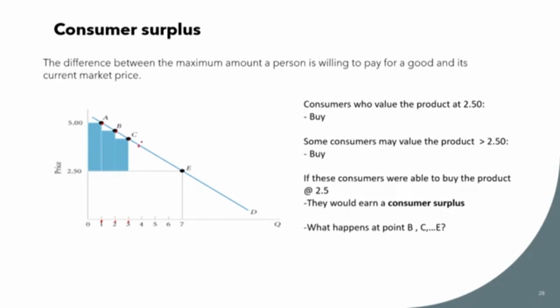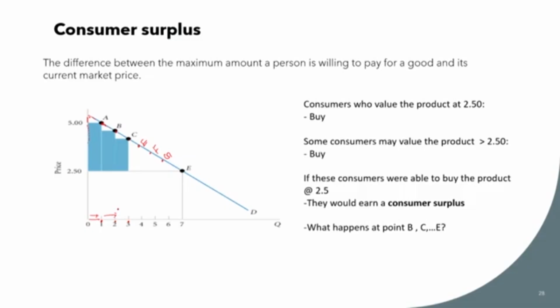You can keep on adding E, F, G, like that. There are so many discrete points you can add here. For the sake of simplicity I didn't add each and every point, and it is not necessary that between A and B there should be this much distance. You can start with small changes in the price, each and every small point that you can look at here. So when the price keeps on declining, the quantity demanded gradually increases.